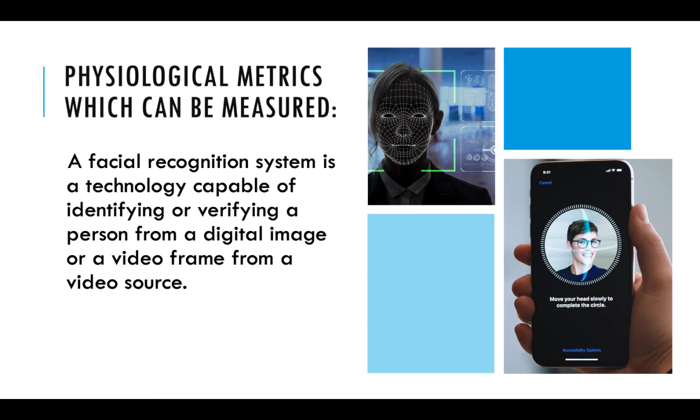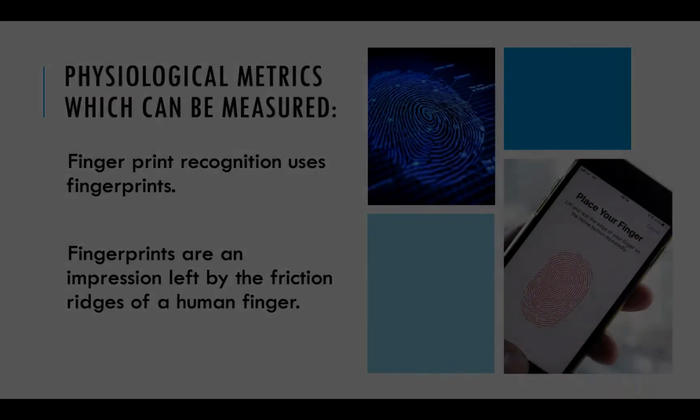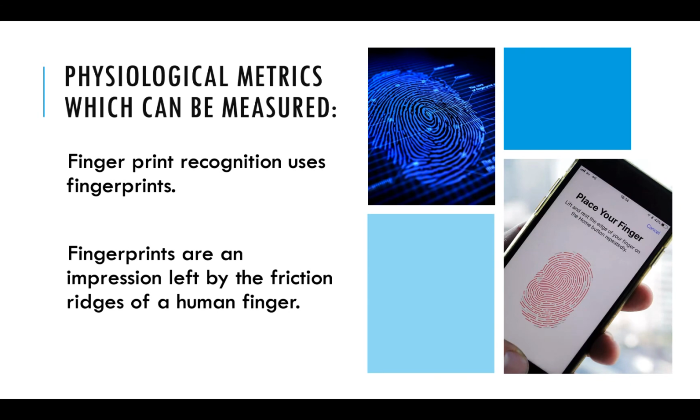That's also what happens when you go to an airport, for example. We've seen recent developments in facial recognition and the accuracy of it with things like the iPhone 11. The reason why it's nice and quick is because people's faces don't tend to change and it's quite a secure method.